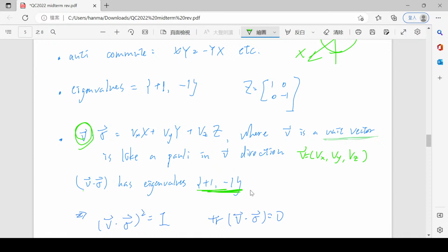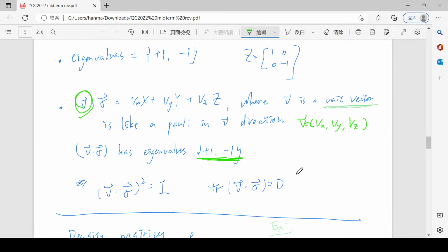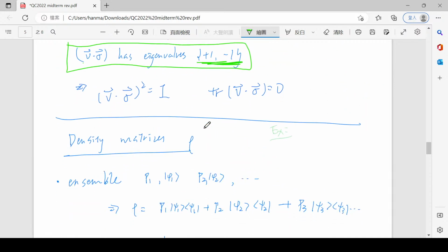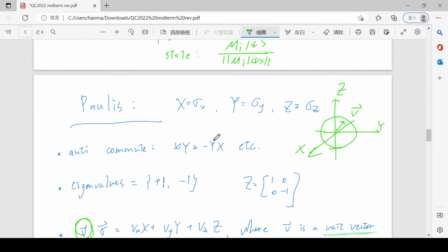And what this means is that you can get a whole bunch of properties out of this. Like, if you square it, then you will get identity, because +1 squared is 1 and -1 squared is also 1. And if you trace it, you will get 0. So that kind of thing. Eigenvalues +1 and -1 will be used in a lot of places. So, question?